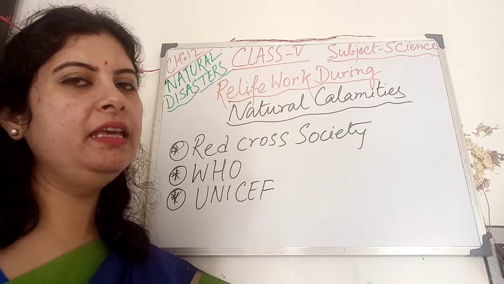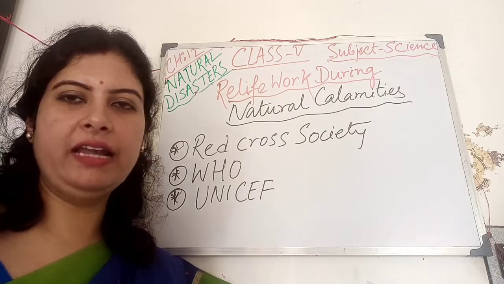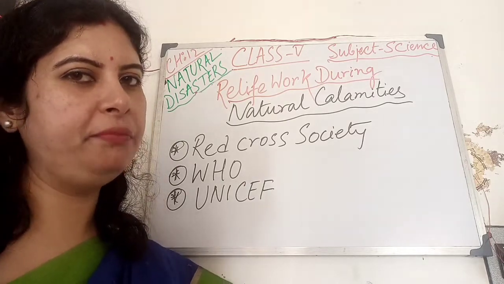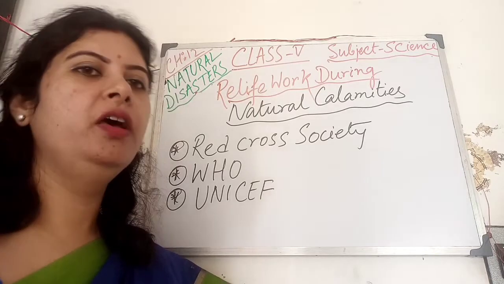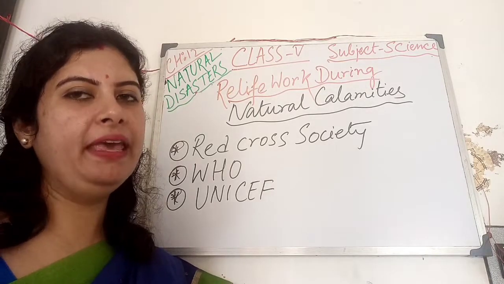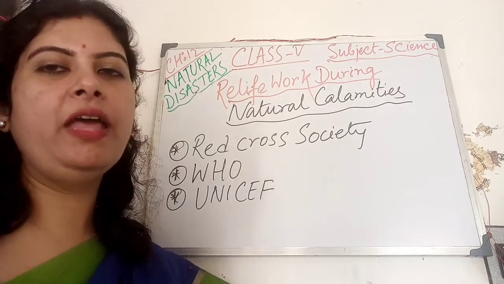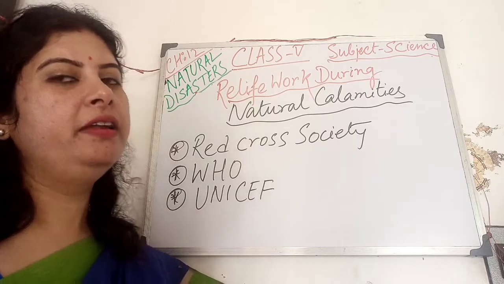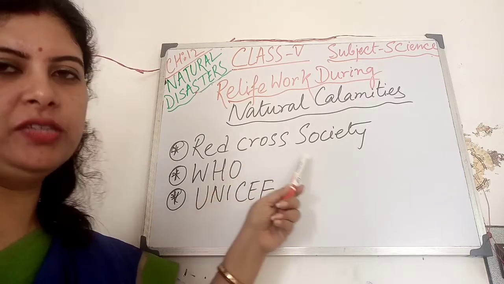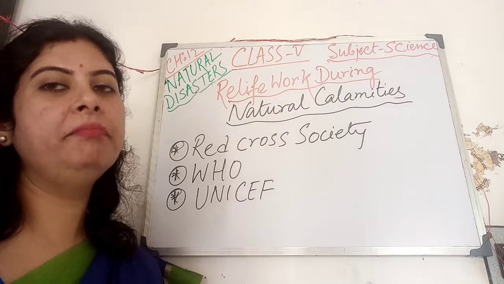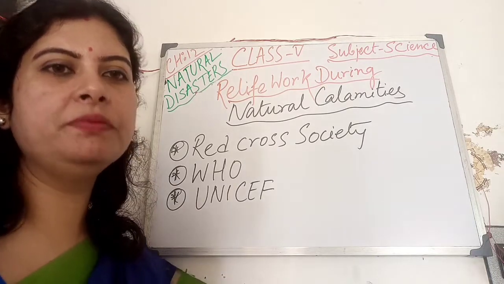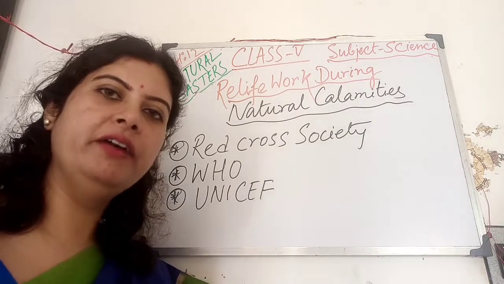There are many non-governmental organizations, also called NGOs, which play an important role at this time. Like the Red Cross Society, it provides medical relief and helps in rehabilitating the victims.